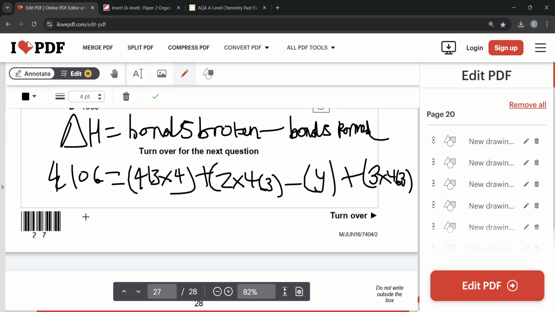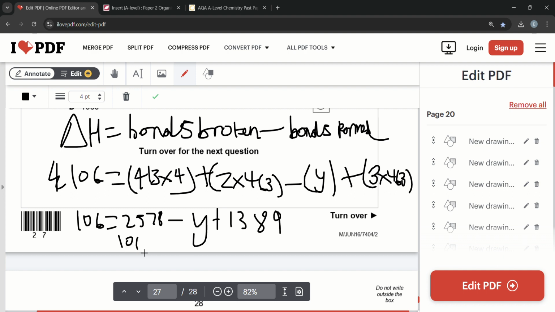So if I put the first part in my calculator, I get 2578. So 106 equals 2578 minus y plus 1389. So we're going to get 2578 minus 1389, 1189. And don't forget, this y is negative, minus y.